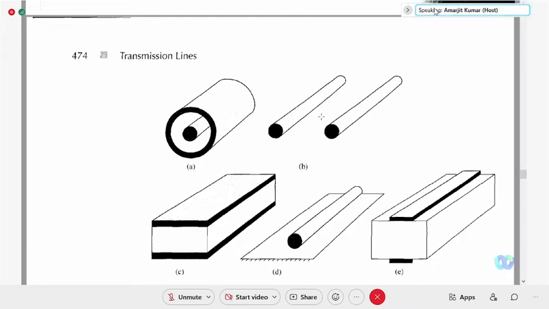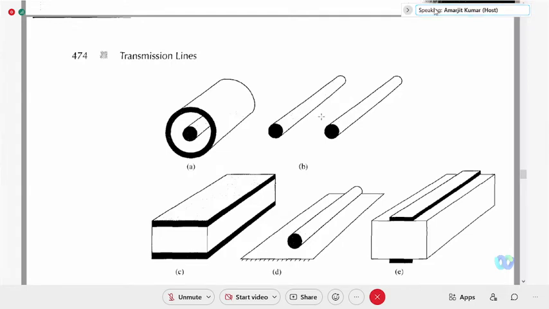So the shunt leakage conductance is because of the conductivity of the dielectric, because of that sigma dielectric. If it is lossy, then G is not 0.